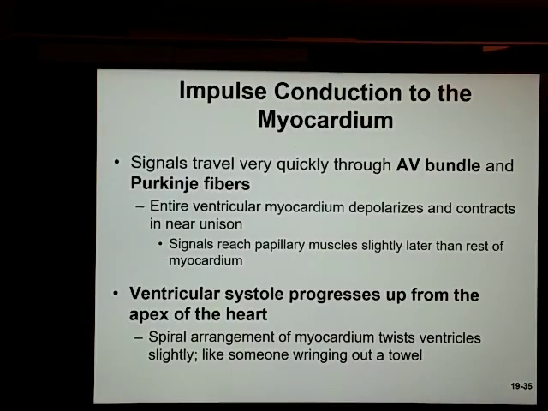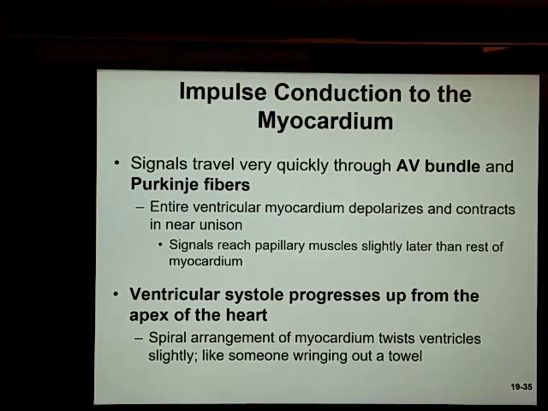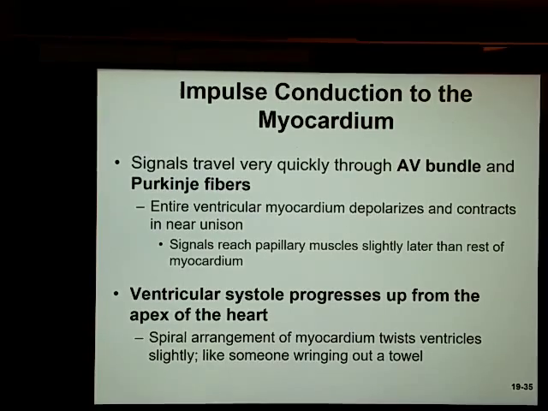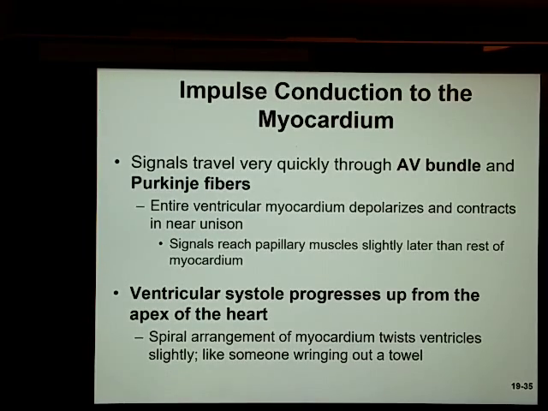If it's beating at 0.8 seconds, a majority of the time, believe it or not, is being used for recovery. So we get the signal traveling through that AV bundle, and we're going to have it go into the Purkinje fibers.